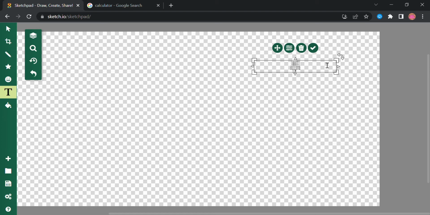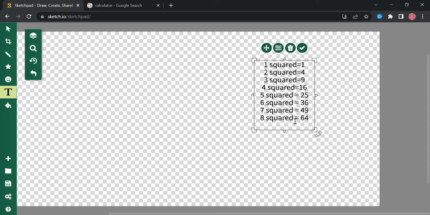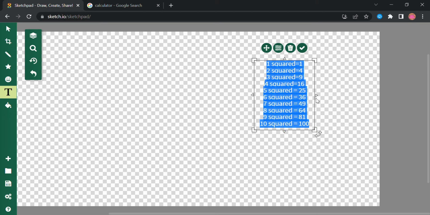I should make this a little bigger so I can just read it. 7 squared equals 49. 8 squared equals 64. 9 squared equals 81. And 10 squared equals 100. So all you gotta do is remember all that.